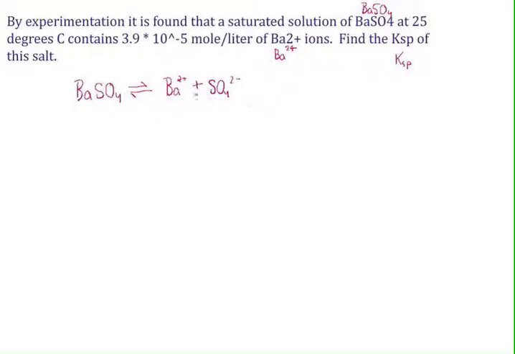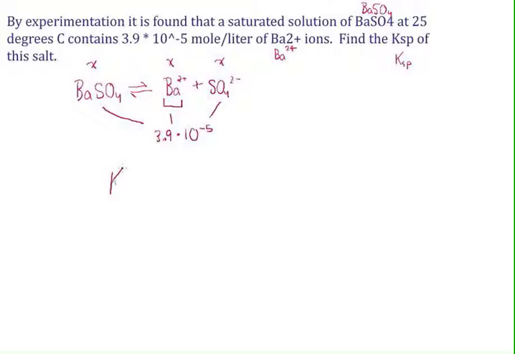They've told us that the barium specifically is at this concentration, 3.9 times 10 to the negative fifth. Well, remember our logic from earlier. Where this is x, or equivalent to 1 mole, this is also equivalent to 1 mole, and this is also equivalent to 1 mole. So if this is 3.9 times 10 to the negative 5, then so should this be, and so should this be. Hopefully that makes sense.